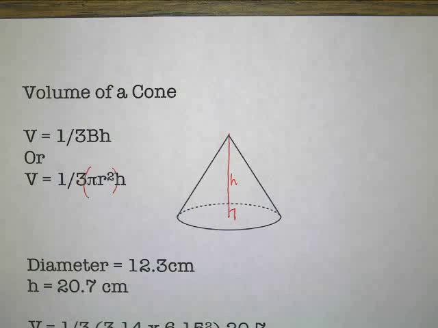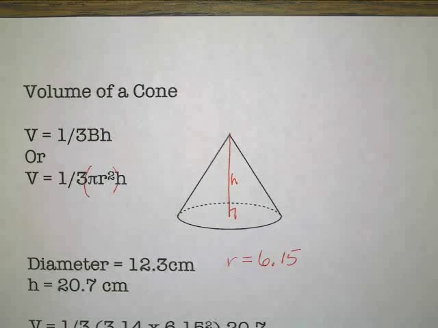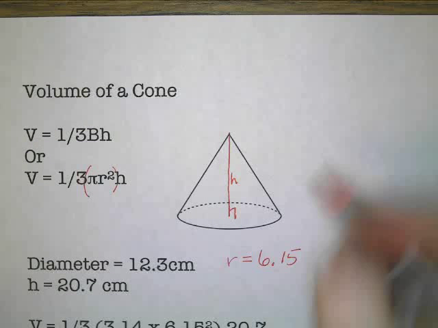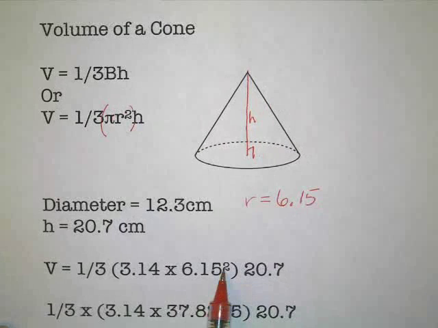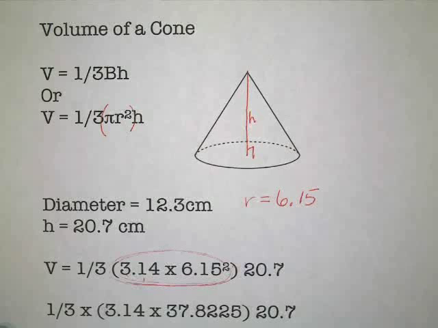You divide the diameter in half. Yes, so this needs to become a radius, right? And our radius is 6.15. Okay? Then I can take 6.15 squared times 3.14. This will get me the area of my circle. Right?